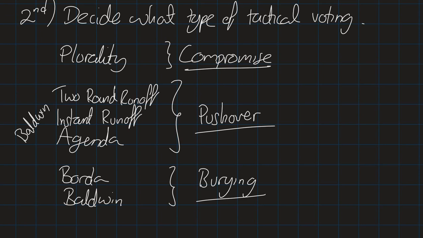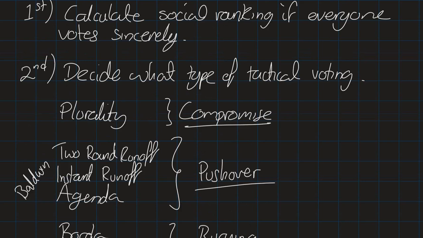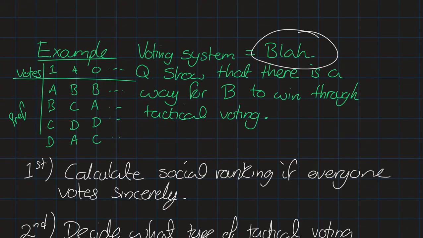Now that you've chosen your type of tactical voting, it's time to actually tactically vote. So this means that you need to change some voters' votes. There's a couple of ways of conveying this. One way is by changing the numbers, so cross this out, write a 0, cross this out, write a 1.